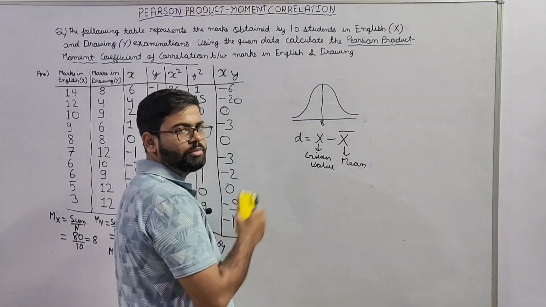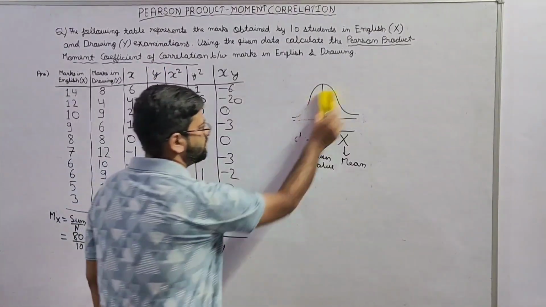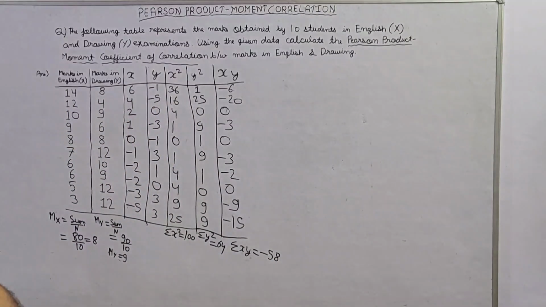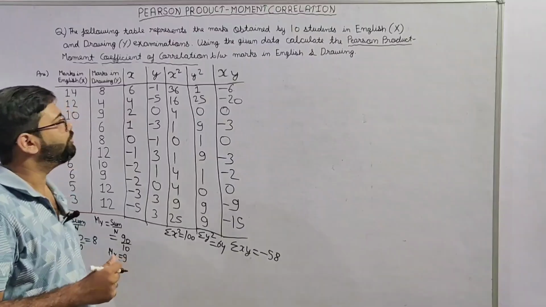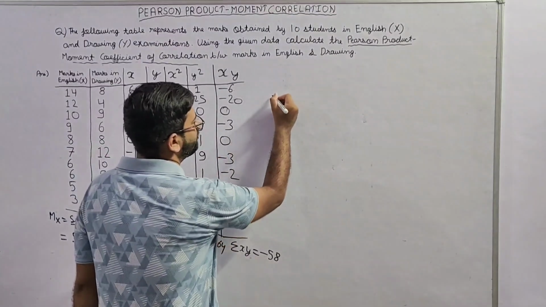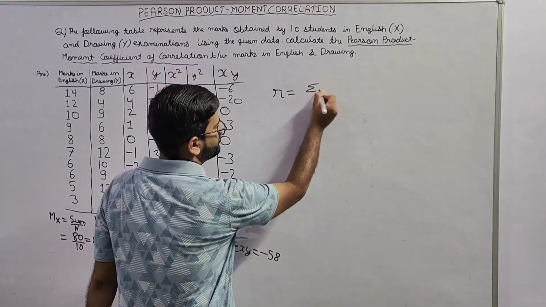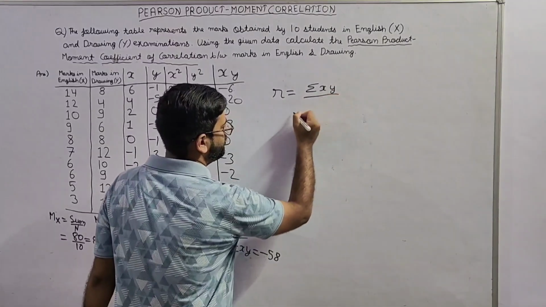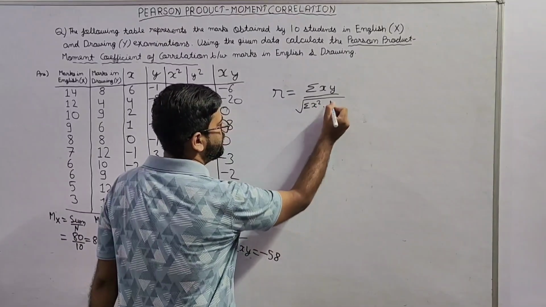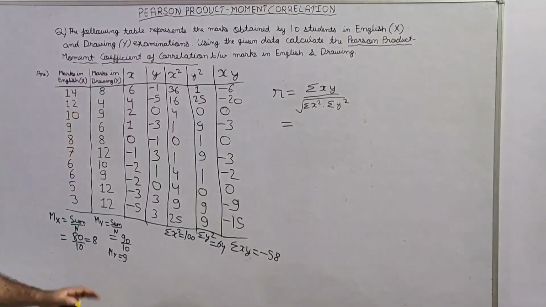Now we go to the formula of the Pearson product moment correlation. Correlation is represented by r. The formula is summation xy upon square root of summation x square multiplied by summation y square. All the three values are there.